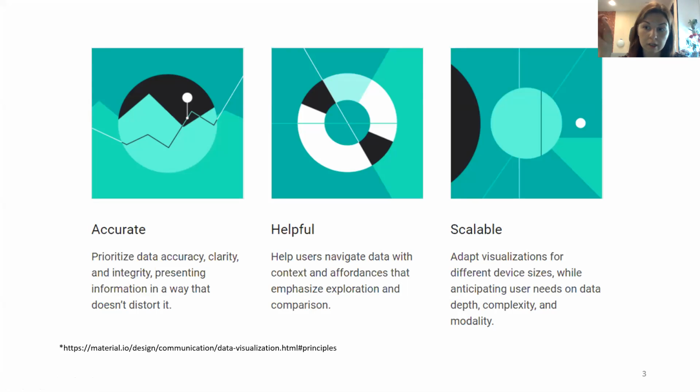It should be a clear representation without additional non-useful information. So only visualize your data and don't distort your view.